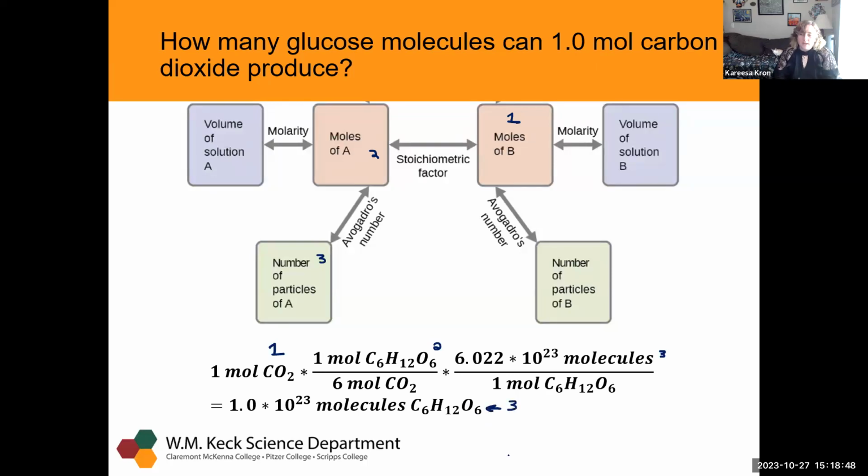And so even if I gave you a number of particles, you can traverse this figure and use it to calculate a volume if you have concentration, or a mass if you have molar masses. So you can sort of expand out across this table using these multiplications and dimensional analysis to calculate a lot of properties about chemical reactions if we know the balanced equation.